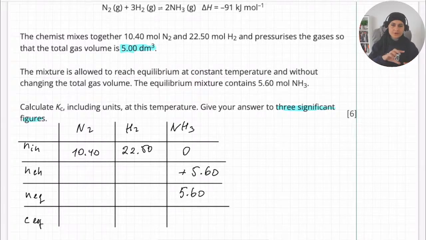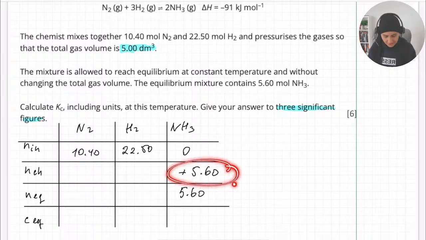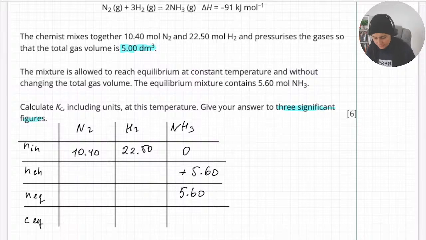Then we apply the ratio to the change line. Nitrogen is in a 1:2 ratio, so for 5.60 you need half as much nitrogen. So it's 5.60 divided by 2, which is 2.8, with a minus because it is used up.